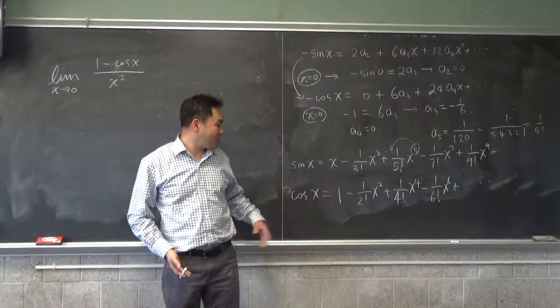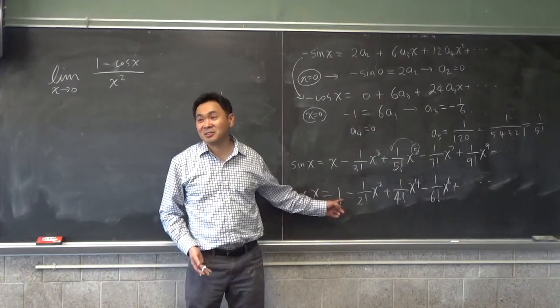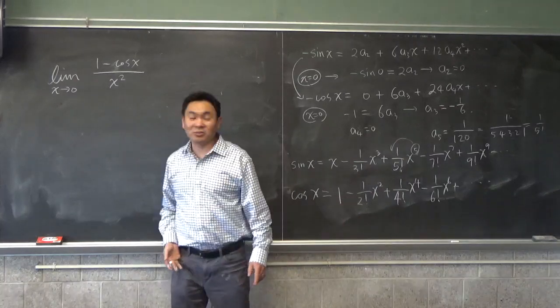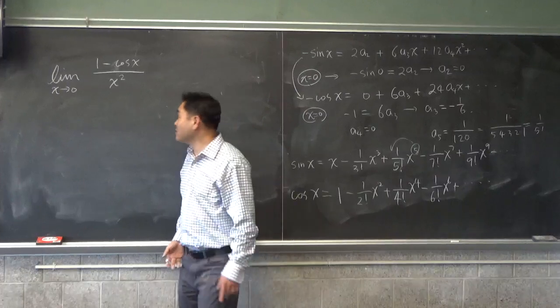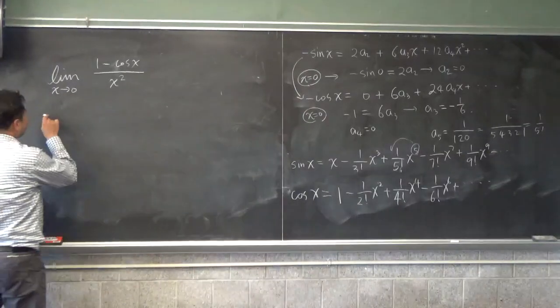However, if you knew that cosine x is like this, then you can basically look at the question and say the answer right away. Let me tell you how you can do that.